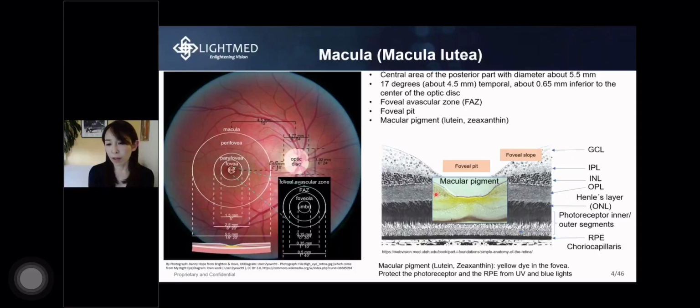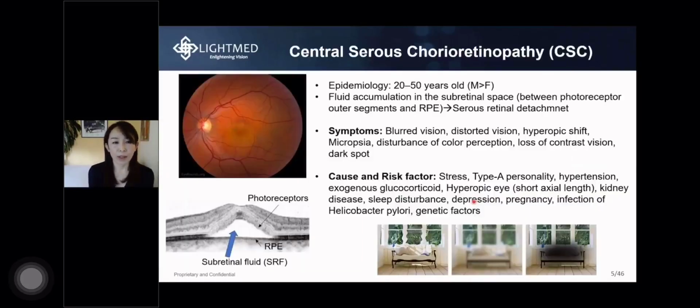It is called macular pigment, the main components being lutein and zeaxanthin. They are concentrated especially in this area, and they protect the retina, especially the photoreceptors and RPE, from UV light or blue light.